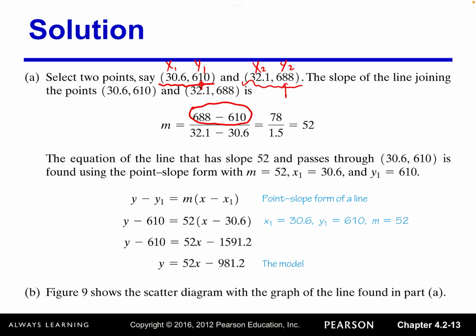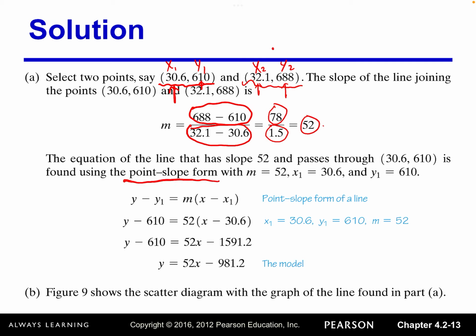And the run will be x2 minus x1, which is 32.1 minus 30.6. With a calculator, the rise is 78, the run is 1.5, and dividing these 2 numbers, we get a slope equal to 52.